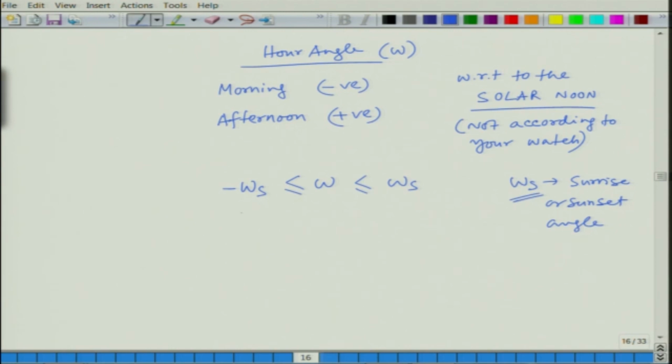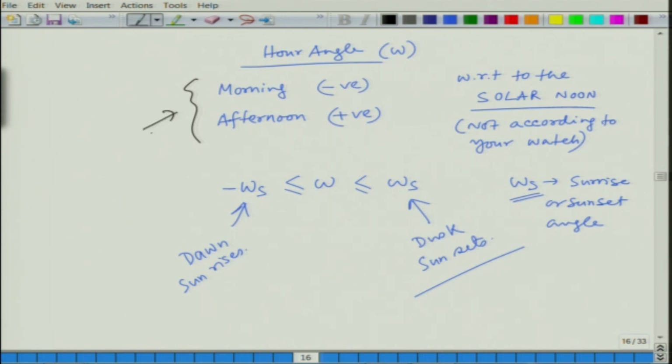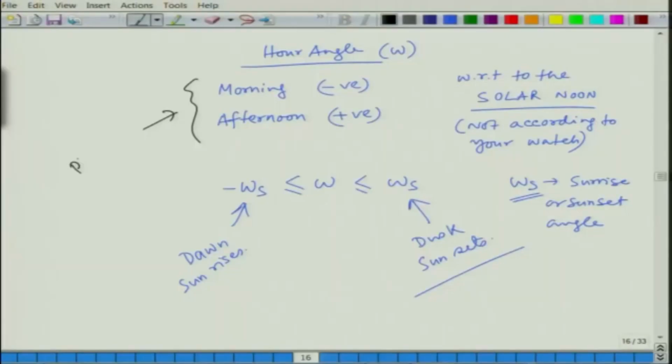In the morning this is the limit, the dawn or when the sun rises, and this positive in the afternoon is the dusk or when the sun sets. I usually do not tell you to remember much, but these things you need to remember to build your intuition. That is why the hour angle morning is negative is an important piece that you please remember.